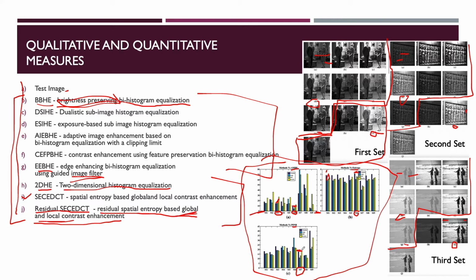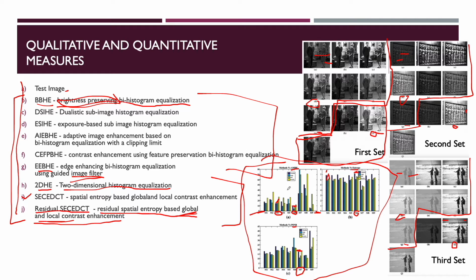Now, EEBHEGF and residual SECEDCT obtained the best qualitative values from different observers compared to other methods, in which a rating was given for those kinds of images. Most of the observers have given it a rating of 4, and the other images didn't get that great of a rating, giving EEBHEGF and residual SECEDCT, which are M6 and M9 correspondingly, the best quantitative and qualitative values compared to the other enhancement techniques.